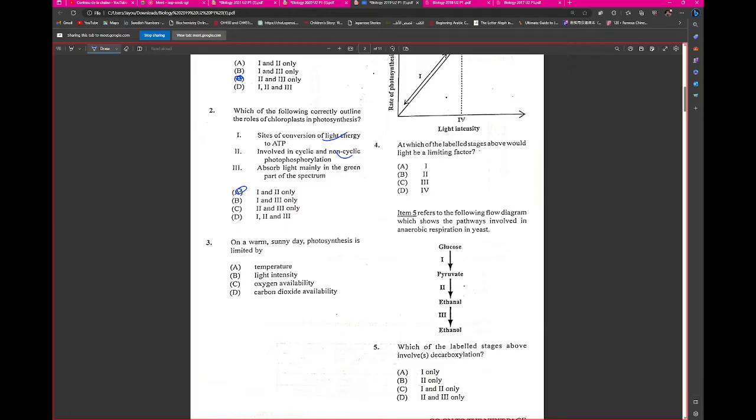On a warm, sunny day, photosynthesis is limited by... Would it be carbon dioxide availability?